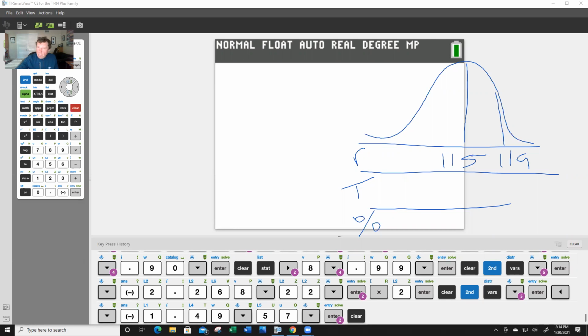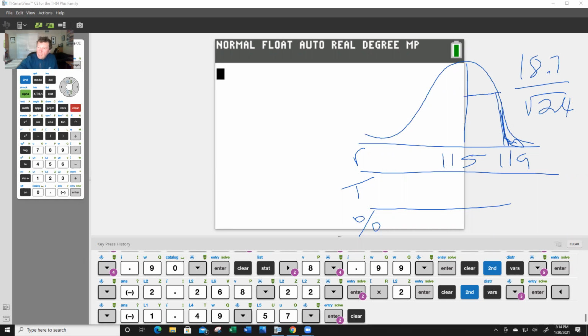Notice that HA is greater than, so I'm going to shade it on the greater than side. Here's your standard deviation, should be 18.7 divided by the square root of 24.